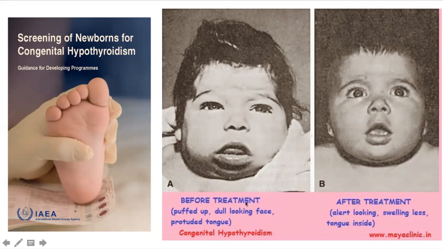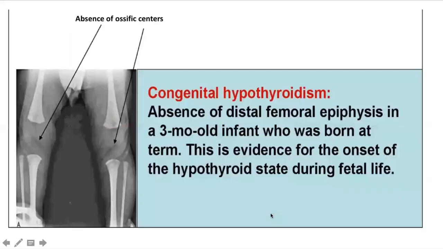Alert looking, هنا dull looking face. زي ما قلنا في delayed bone age، تمام؟ فهنا في absent distal femoral epiphysis. This is evidence for the onset of hypothyroid state during fetal life.